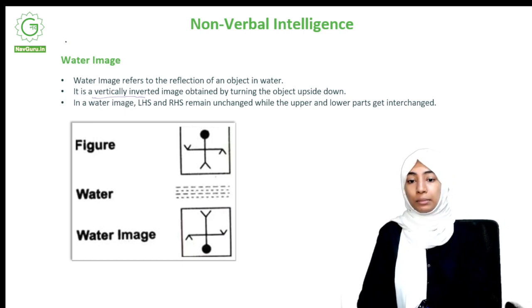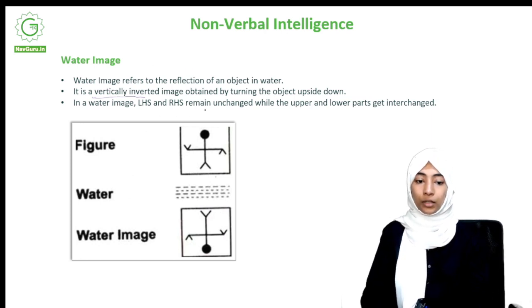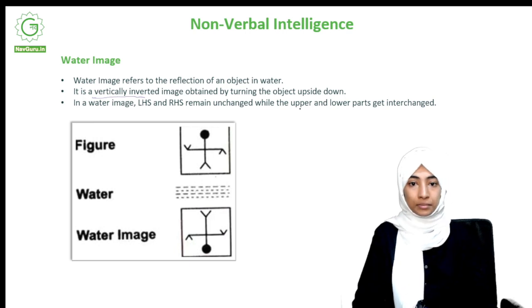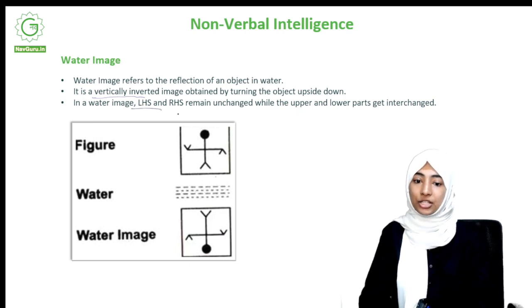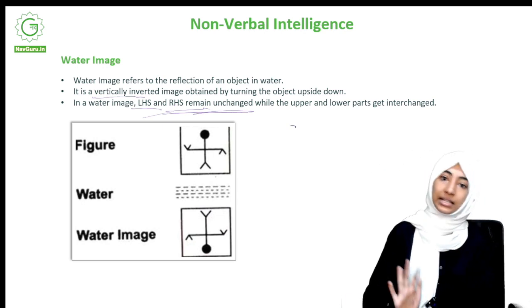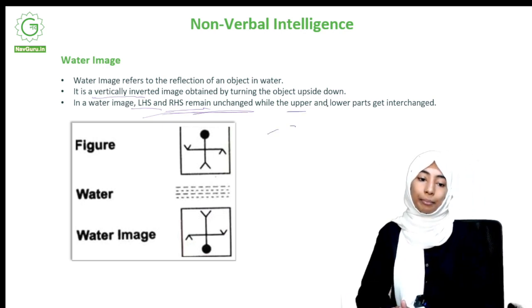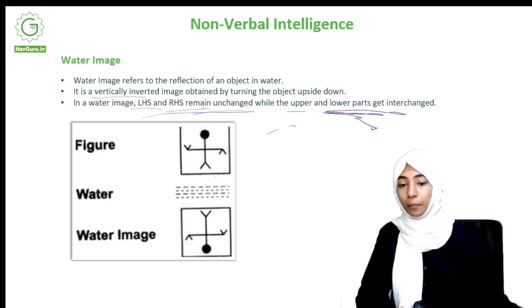So in mirror images the figures will be laterally inverted, and in water image the figures will be vertically inverted. That is what we learned. In layman terms, the left hand side and the right hand side remain unchanged, but the upper and the lower parts get interchanged. That is how it is for water image.